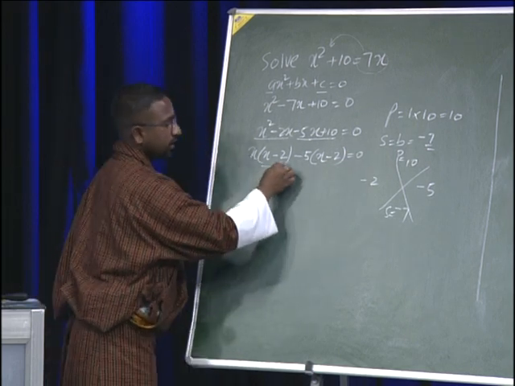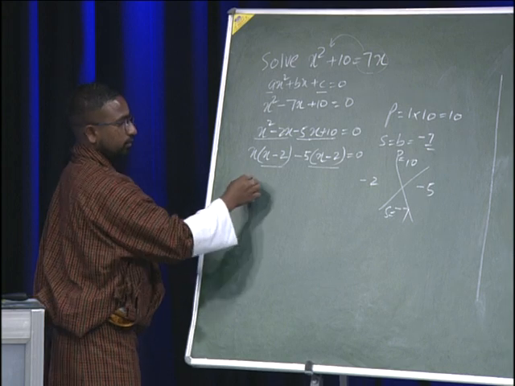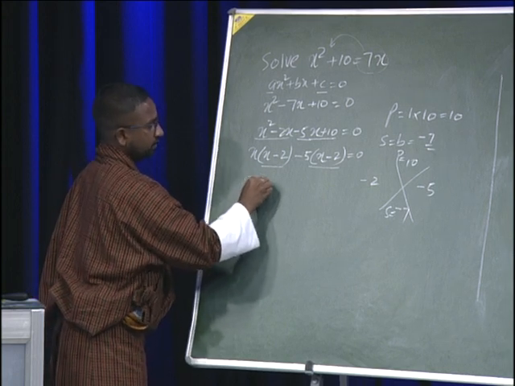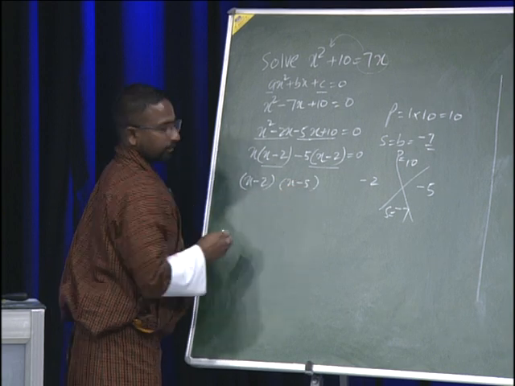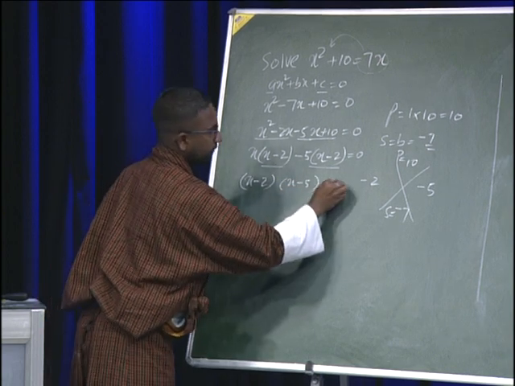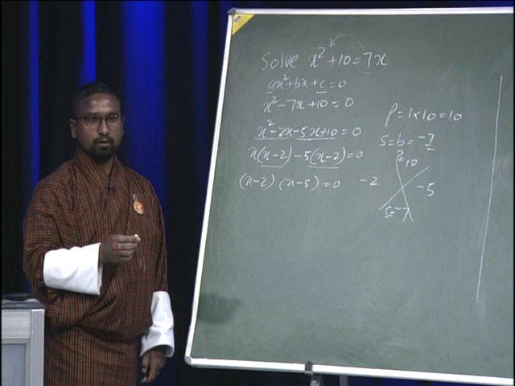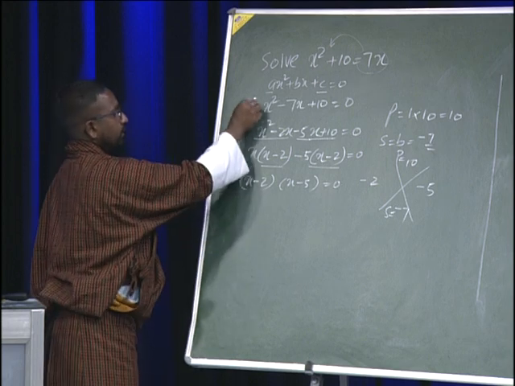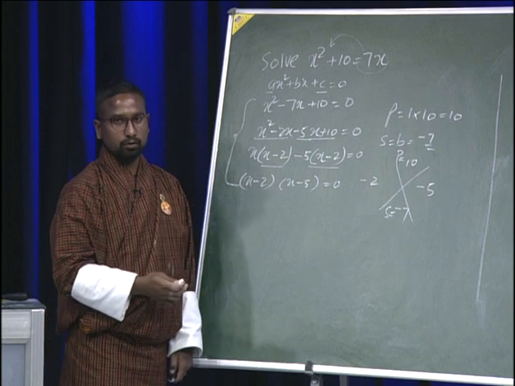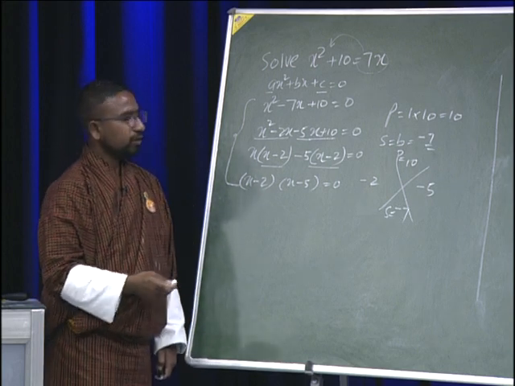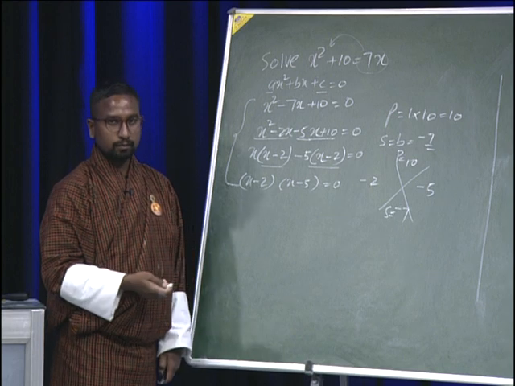Now, you can write your common factor. Here we have the common factor x minus 2 and then x minus 5, and that will be equal to 0. So, this is where you are applying the decomposition method. Now, next step we can use the zero product rule.